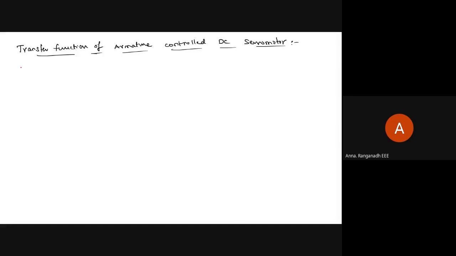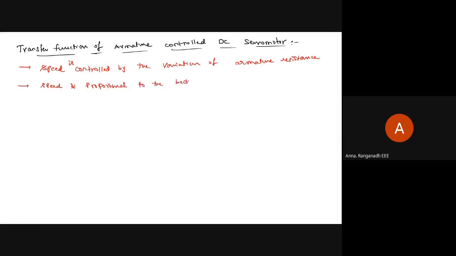That means in this case, the speed is controlled by the variation of armature resistance. And the speed is proportional to the back EMF, and it is inversely proportional to flux.